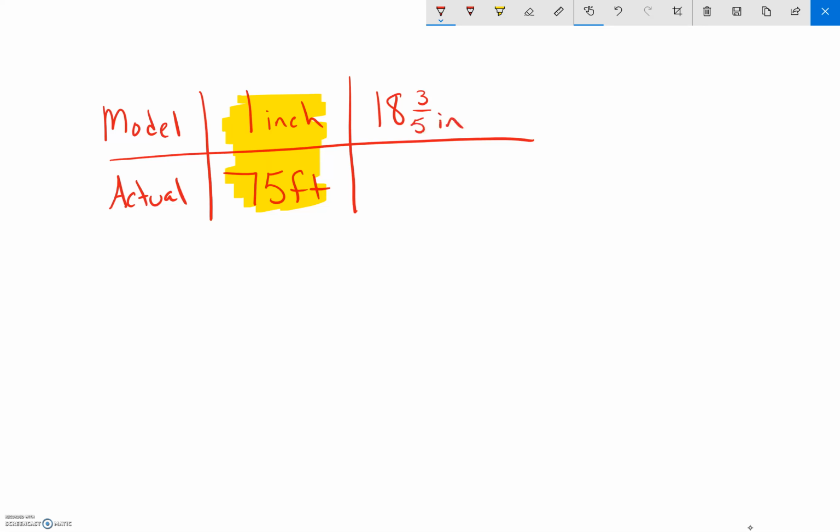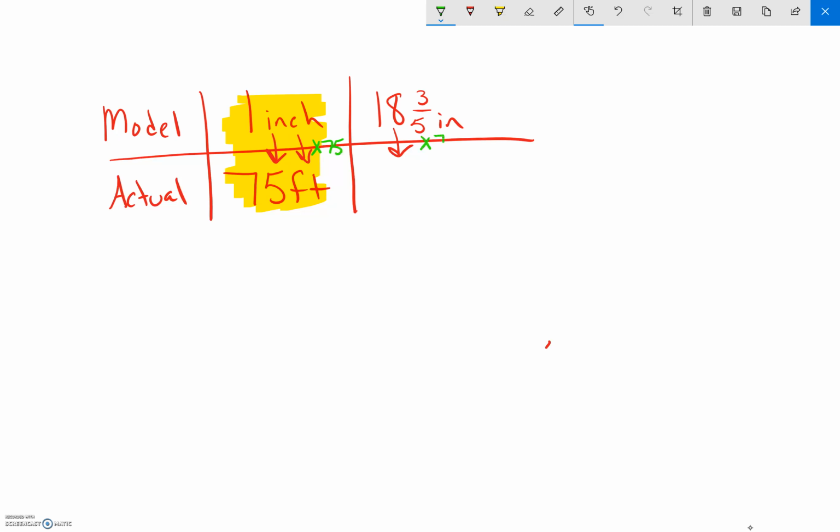So again, if 1 inch is 75 feet, how many feet would an 18 3/5 inch model be? So we ask ourselves, what do you do to get from 1 inch to 75 feet? You multiply by 75.